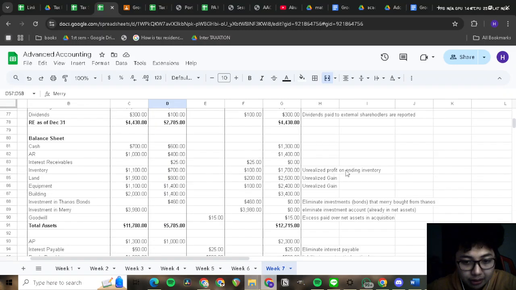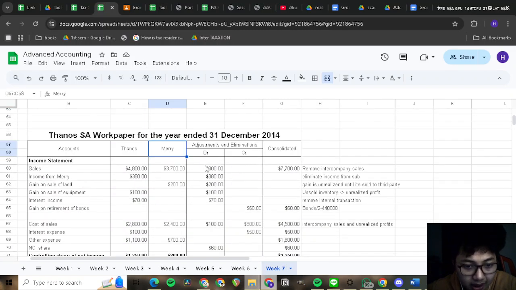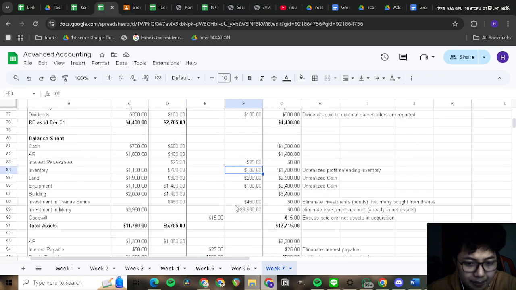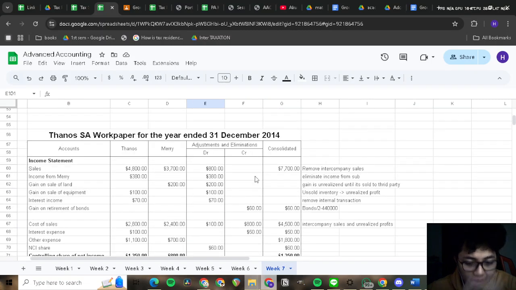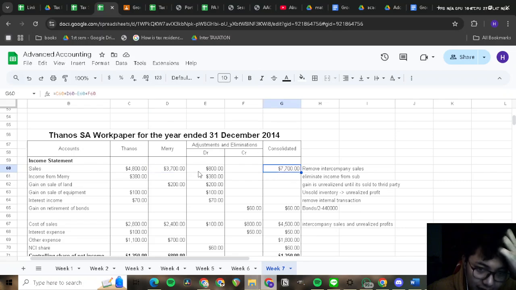So there are those adjustments that need to be made, and you basically debit or credit them. It really depends on what you want to do and the nature of each account. And then after that you would have the consolidated amount after adjustments as well.